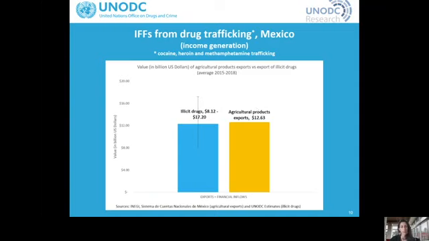Another example on Mexico is from recent pilot activities we conducted between 2018 and 2020, in which illicit drugs generate exports that correspond to an inward illicit financial flow estimated at between 8 and 17 billion US dollars, which more or less equals the value of agricultural products export between 2015 and 2018.